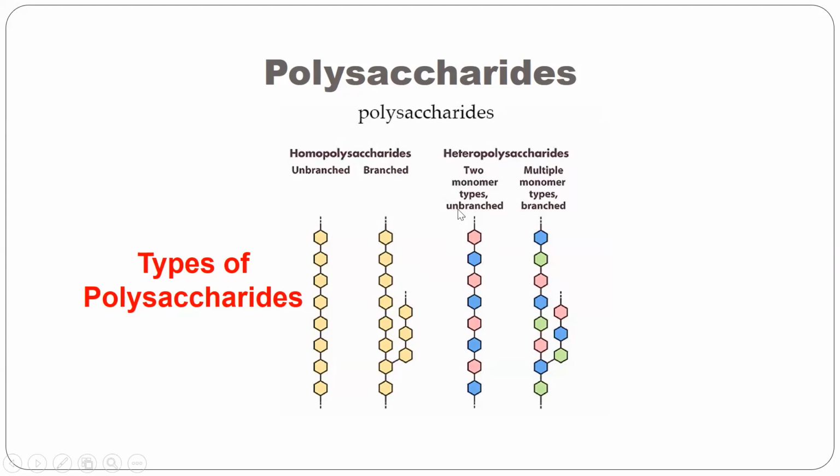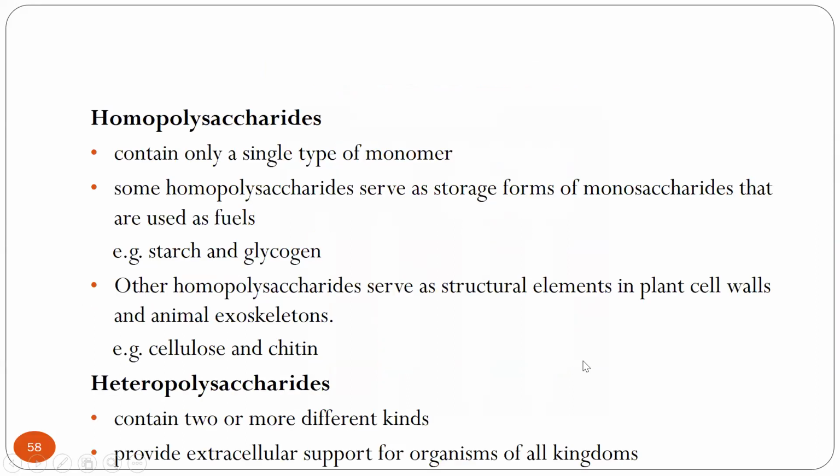So you see here, there are 2 types of monomers, different colors, pink and blue, in a straight chain manner. So this is the unbranched type, but along the straight chain linkage, there is somewhere that branches out from the linear structure. So you have this branched type of heteropolysaccharide.